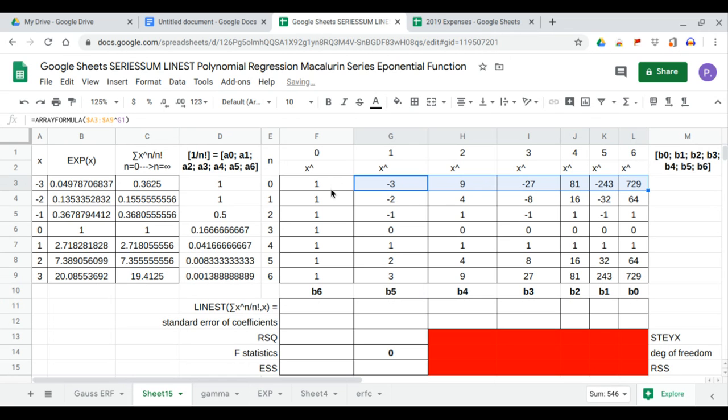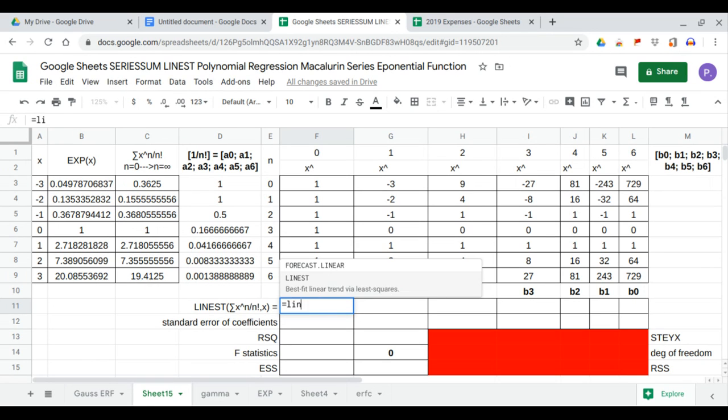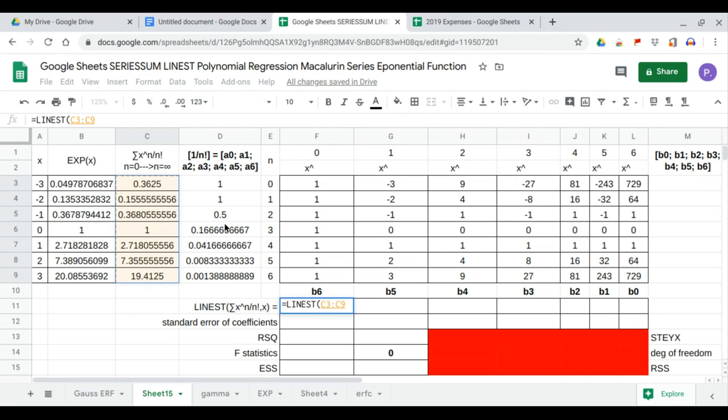Now that we have the 1 comma x matrix, we can use LINEST. LINEST of data y, because we are interested in comparing our coefficient of expansion with the coefficient of regression. So data y, comma, and data x.